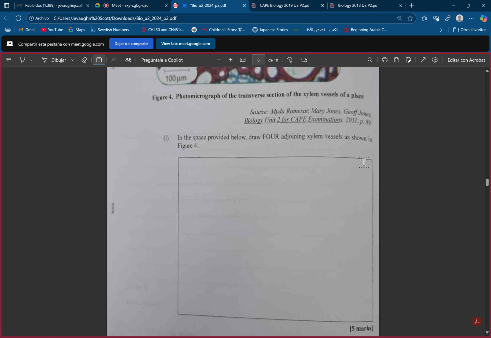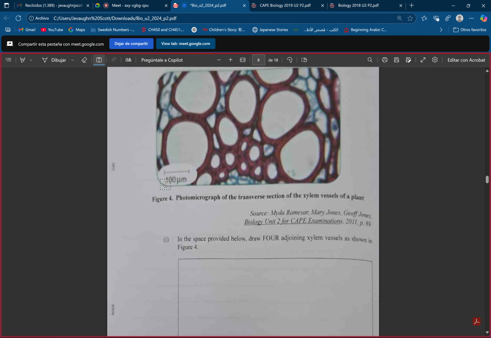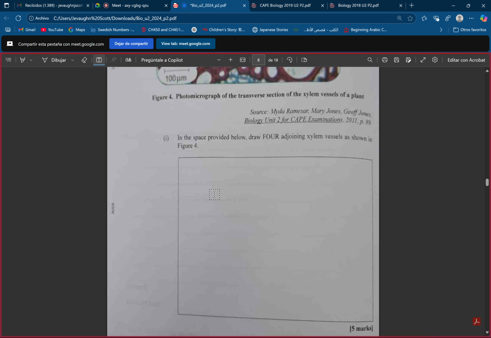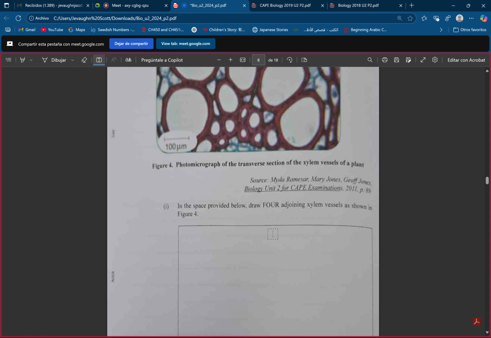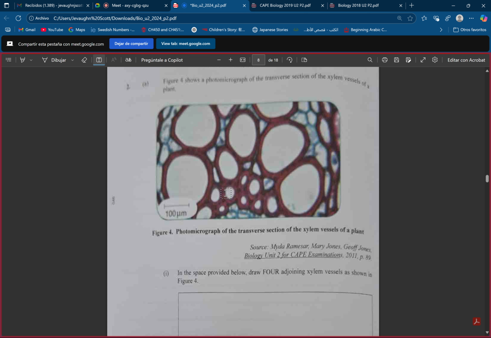And it's a biological drawing, so I would find my magnification because they give me 100 micrometers right here. All drawings must be of biological nature. If you don't have that, you can't really do the micro magnification.